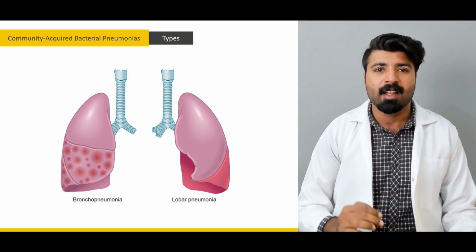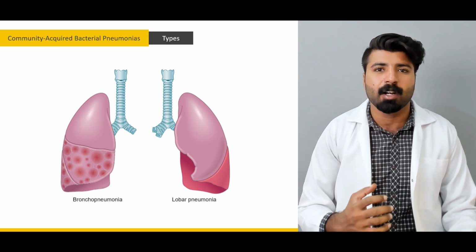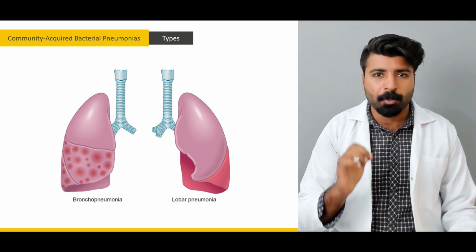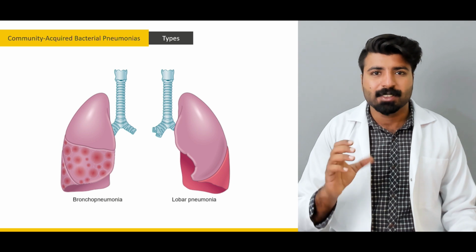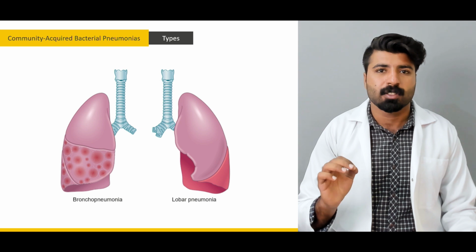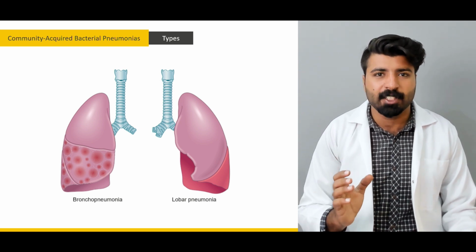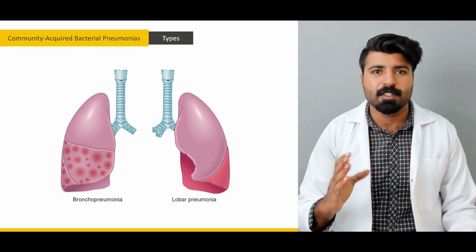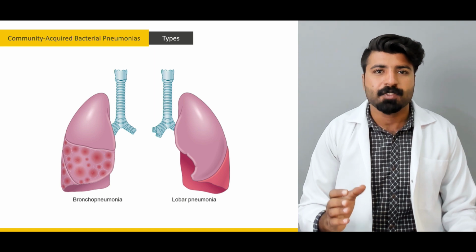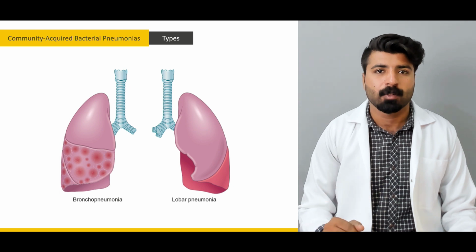If that bacteria has gone to the alveolar level and started the damage in the alveoli, it's going to be lobar pneumonia, because that alveolus will be communicating with the next alveolus through Kohn spaces. Kohn spaces communicate with each other. So this will spread through those spaces and involve the whole lobe. That's why it's called lobar pneumonia.